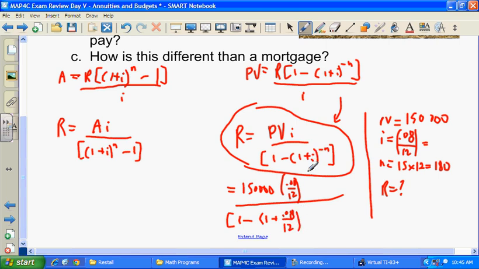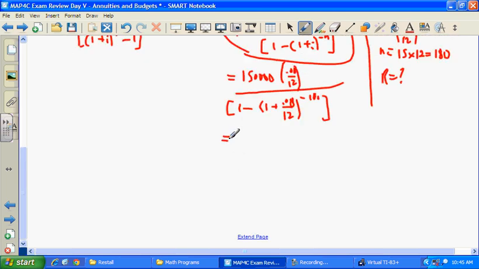I is 0.08 over 12, N is 180, and then carefully put this into your calculator, and you should get about $1,433.48. And that's a statement, right?